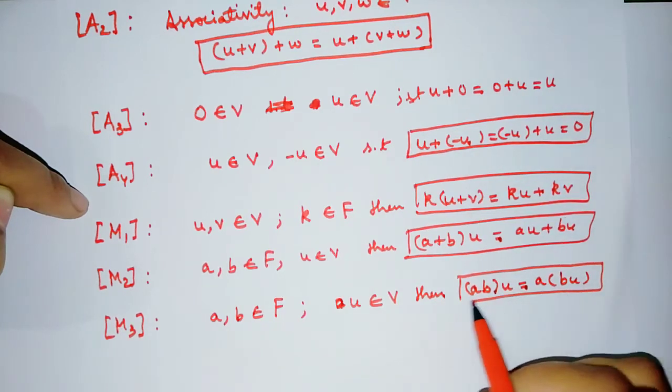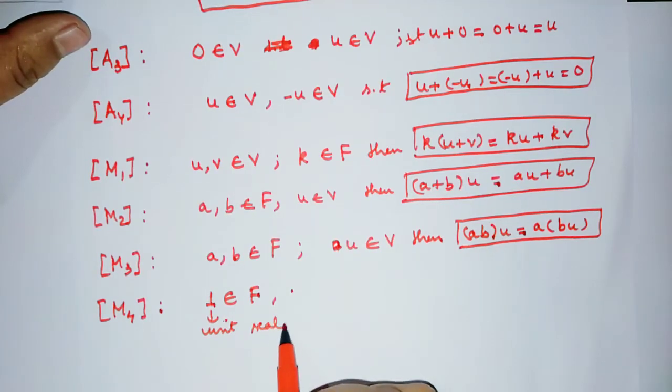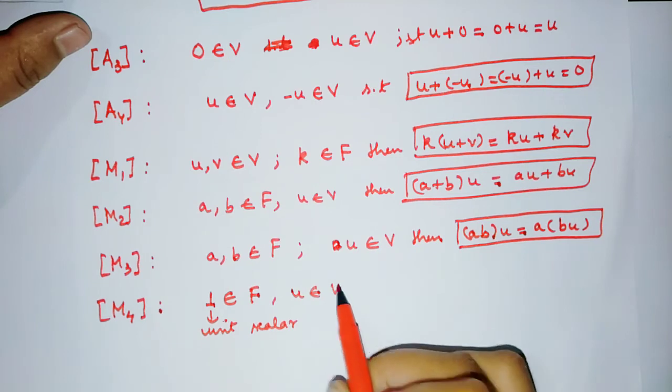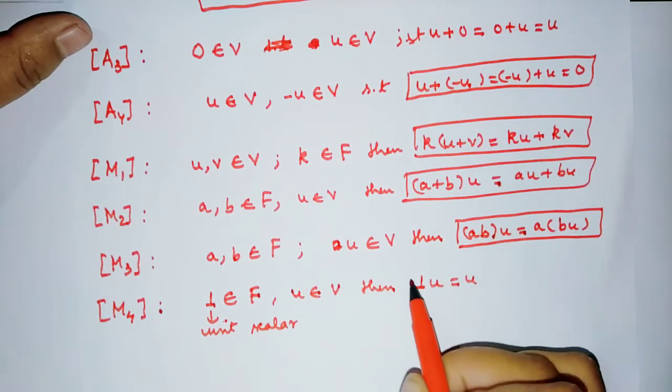This is M3. And the last one, M4. Take one, which is a scalar from F, and which is a unit scalar. And take a vector u from V. Then 1 times u should equal u.